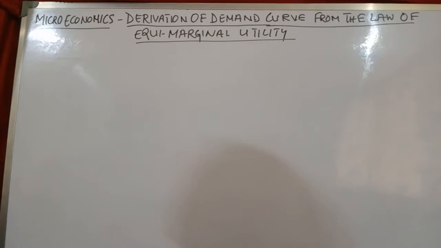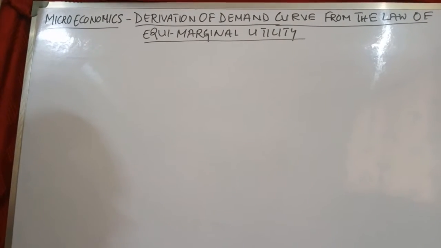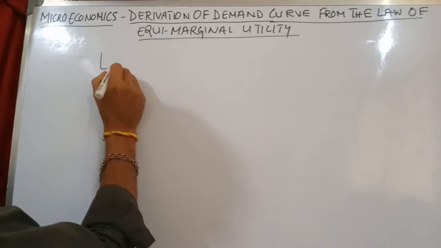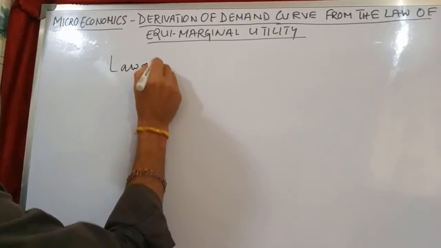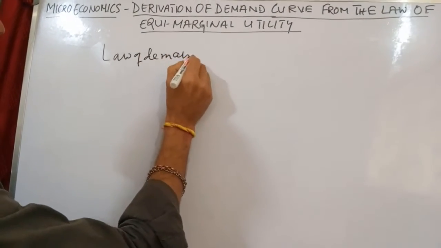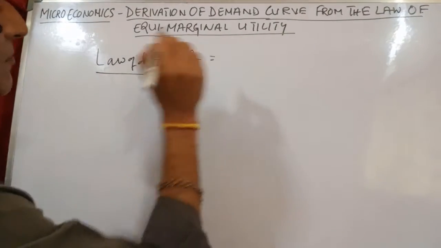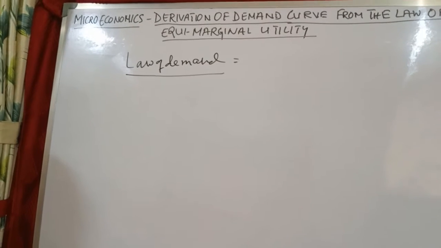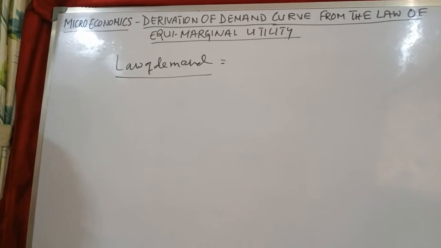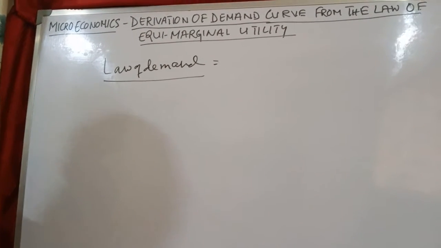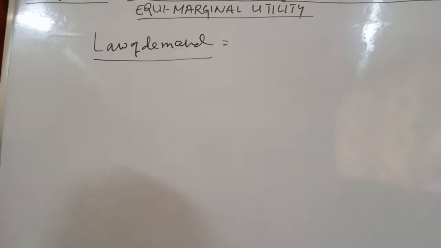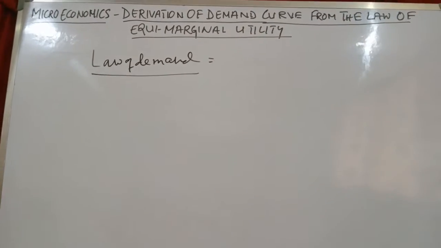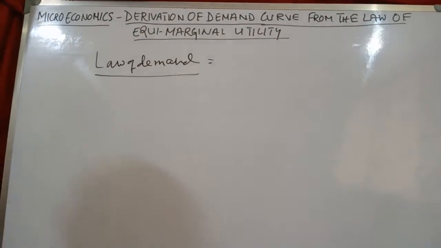Right? Now, the law of demand states that quantity demanded for a commodity is inversely related with price of that commodity, ceteris paribus, that is, other things remaining the same.